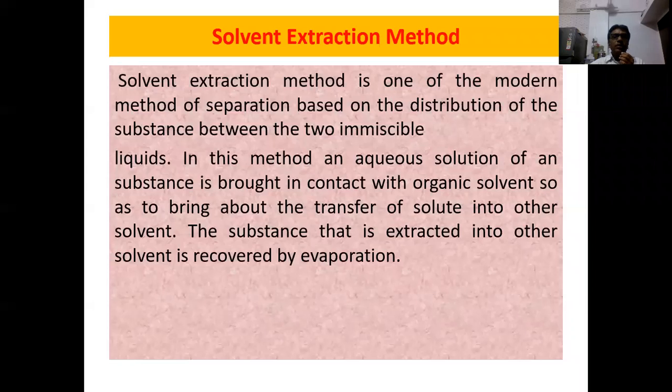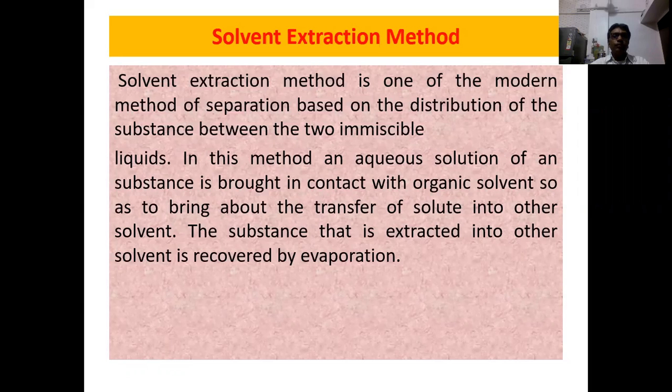Solvent extraction is one of the modern methods of separation, based on the distribution of a substance between two immiscible liquids. So what do we mean by two immiscible liquids? Two immiscible liquids are those liquids which are not soluble in each other.